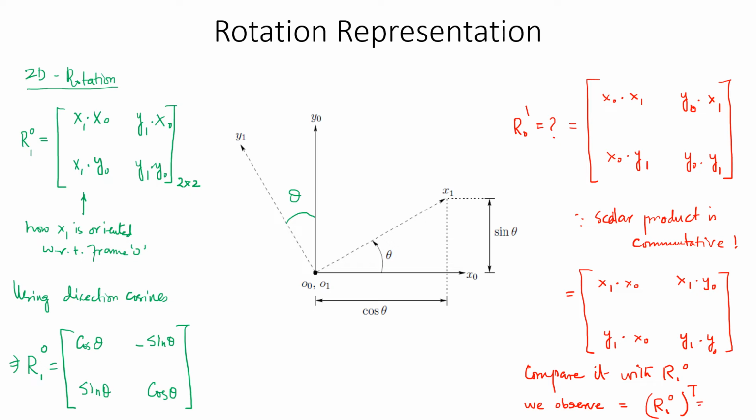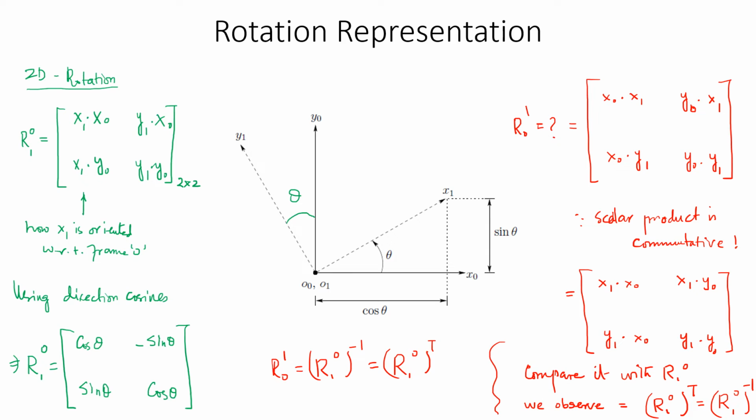And that is because you have taken the inverse situation. So this is R10 inverted. So I can rewrite the expression over here that R01 is actually equal to R10 inverted. But this inversion is actually very simple, that it is R10 transposed.